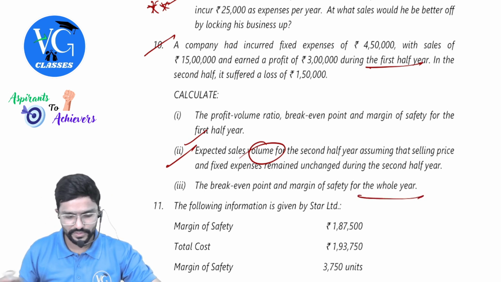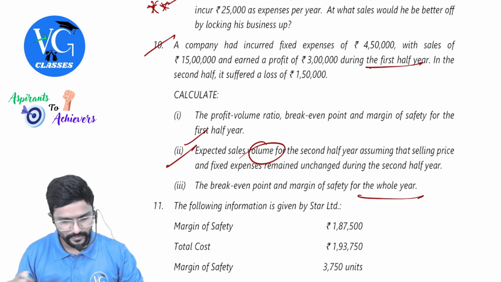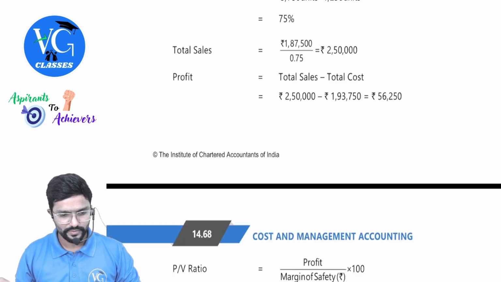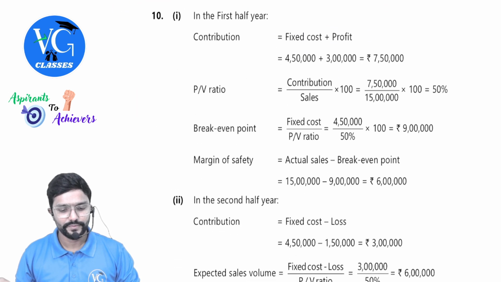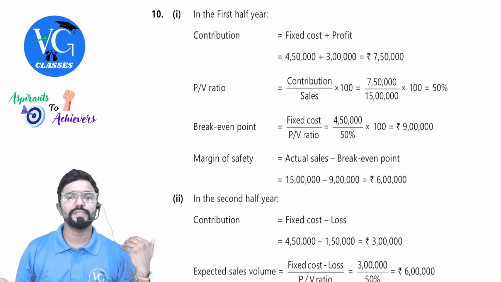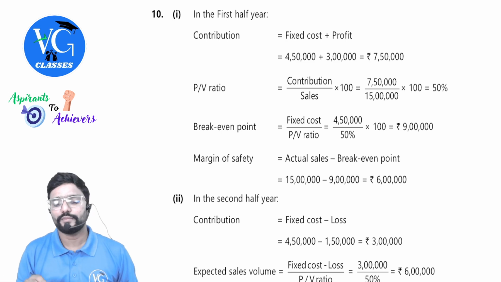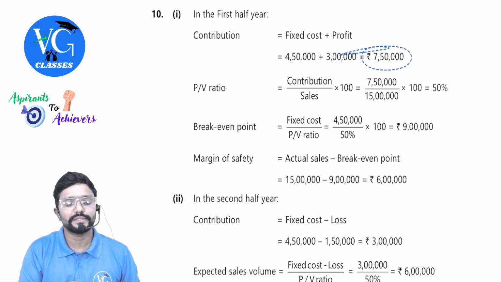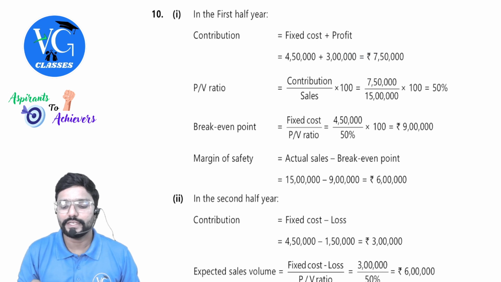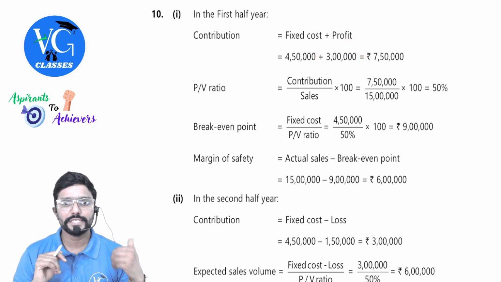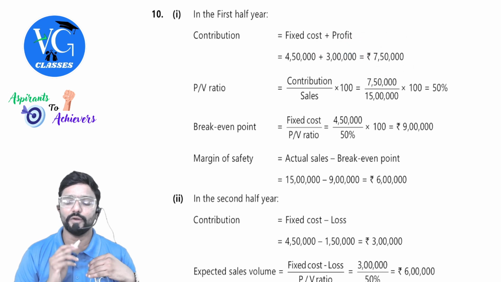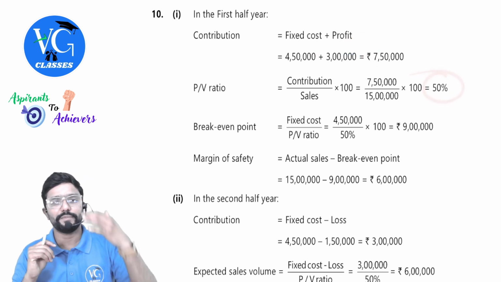Chalo, come to the solution. In the first half year, contribution is equal to fixed cost plus profit, which is 7 lakh 50, guys. Next, PV ratio, contribution by sales into 100, which comes to 50%.